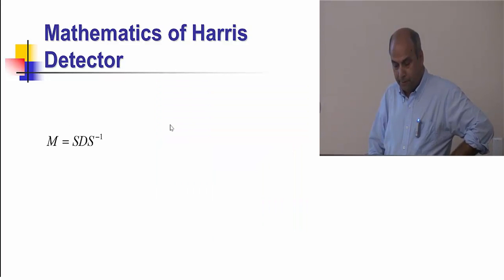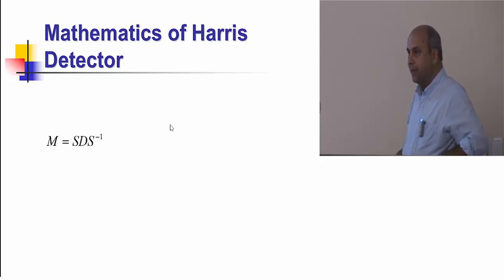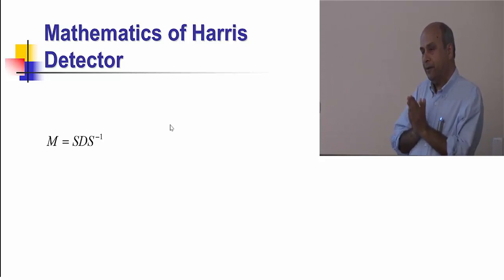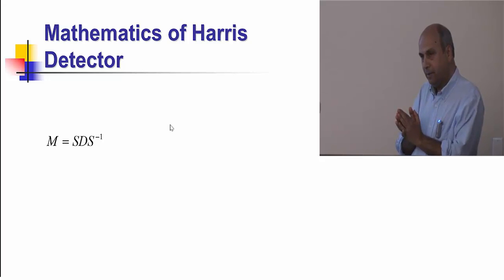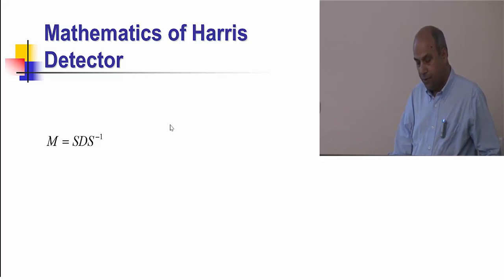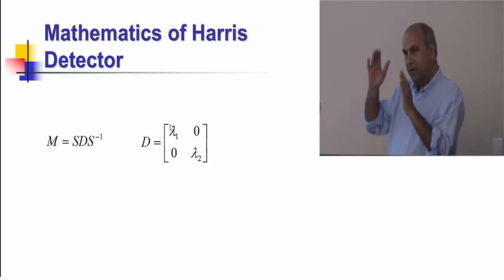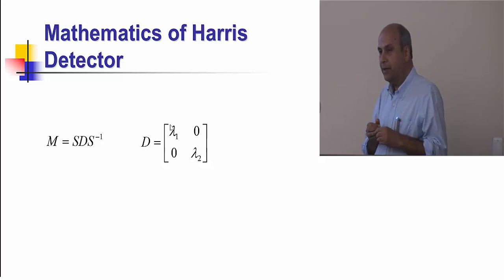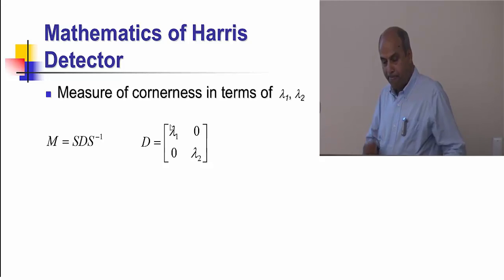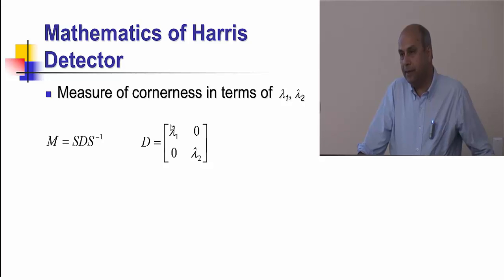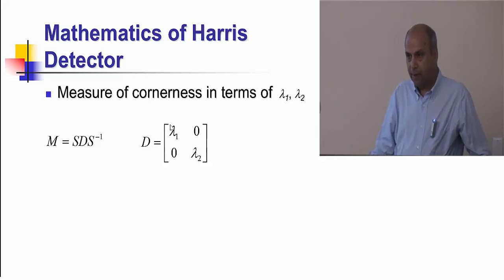So we can take this M matrix and break it into S and D matrices, a factorization. The D matrix is a diagonal matrix where we look at the eigenvalues, lambda 1 and lambda 2. And that will give us the measure of cornerness.